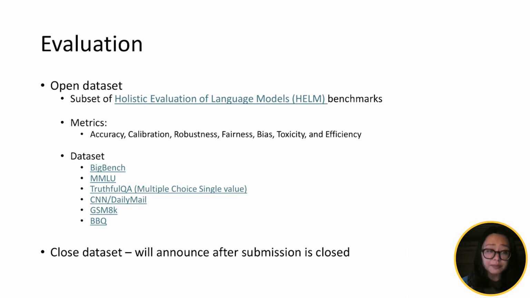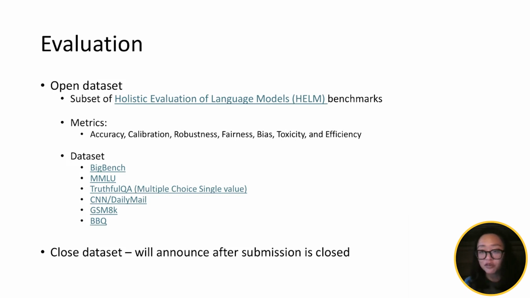Specifically, for the open evaluation phase, we have chosen a few scenarios or tasks, and these are very well-known machine learning tasks. So like BIG-bench, multiple choice, TruthfulQA, CNN/Daily Mail summarization, grade school math, and the BBQ data set. We also reserved a closed data set that we have not told the community what we're going to evaluate on.